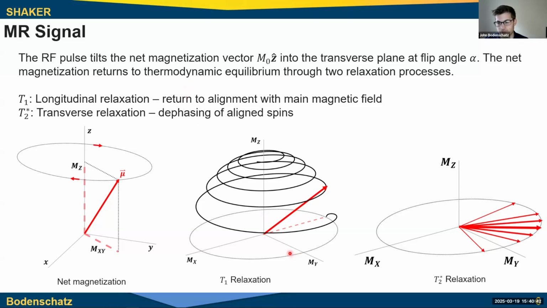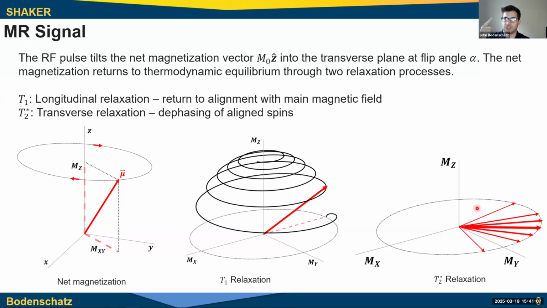They occur simultaneously, but the first I'm going to list is T1 relaxation, or longitudinal. That's the relaxation from the transverse plane XY back into the longitudinal direction, so this net magnetization tilting back to be aligned with the main magnetic field. And then there's T2 star relaxation, which is a dephasing of these hydrogen nuclei magnetic moments.